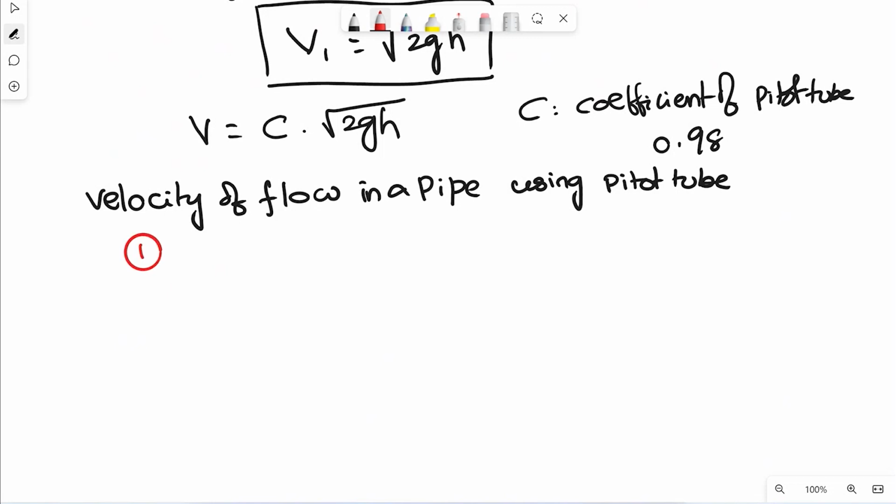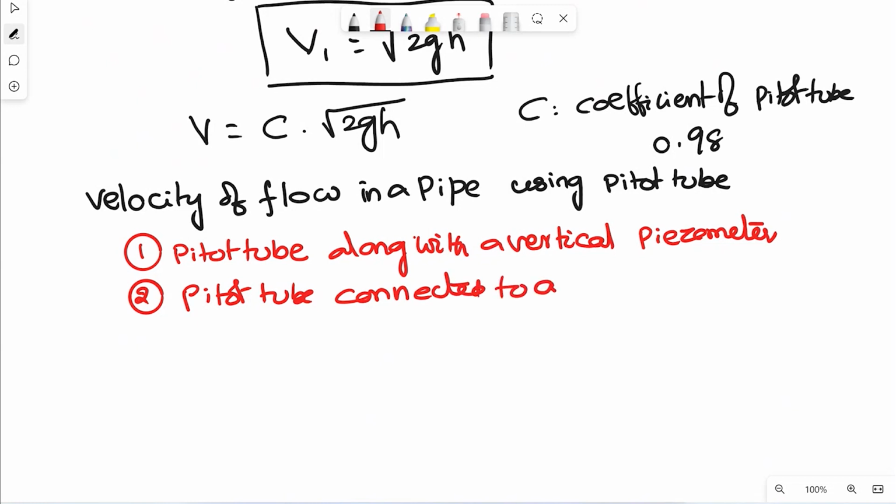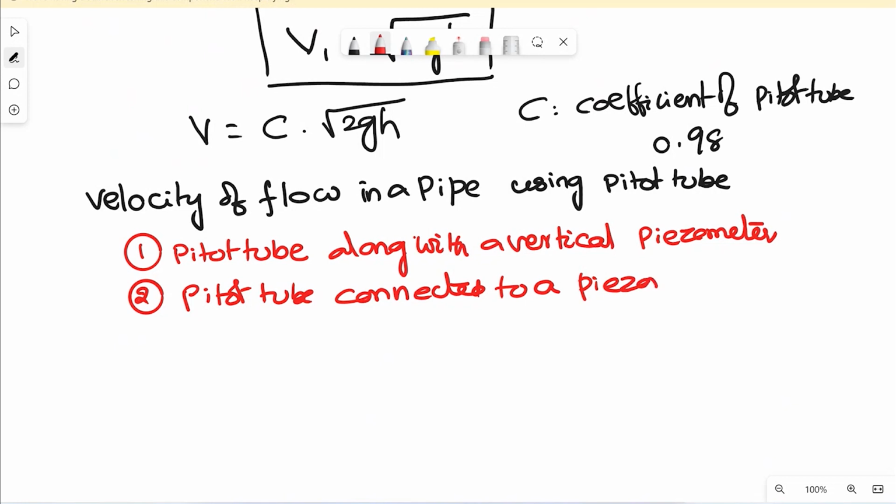One case is a pitot tube along with a vertical piezometer. The second case is a pitot tube connected to a piezometric tube.